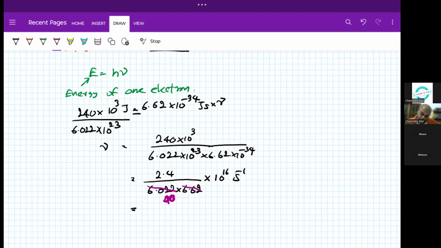So this means 3 divided by 50, roughly, so 0.06 into 10 to the power 16 per second. So this is 6 into roughly 10 to the power 14 per second, or hertz.